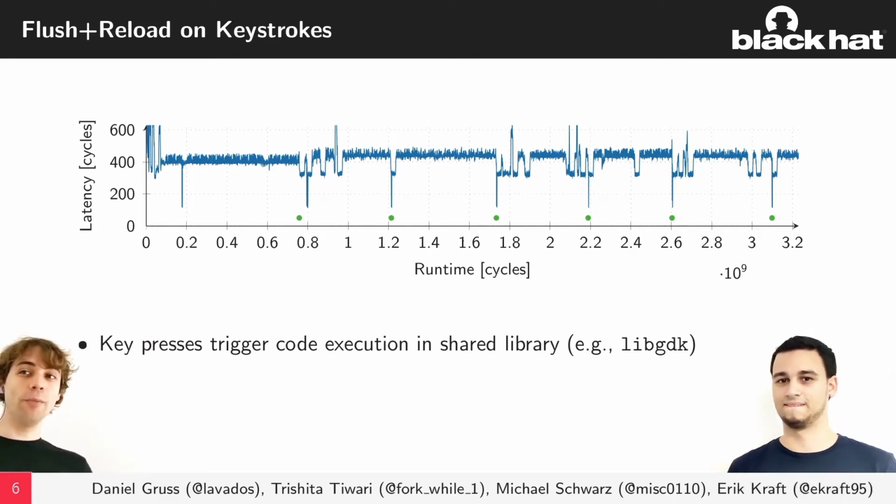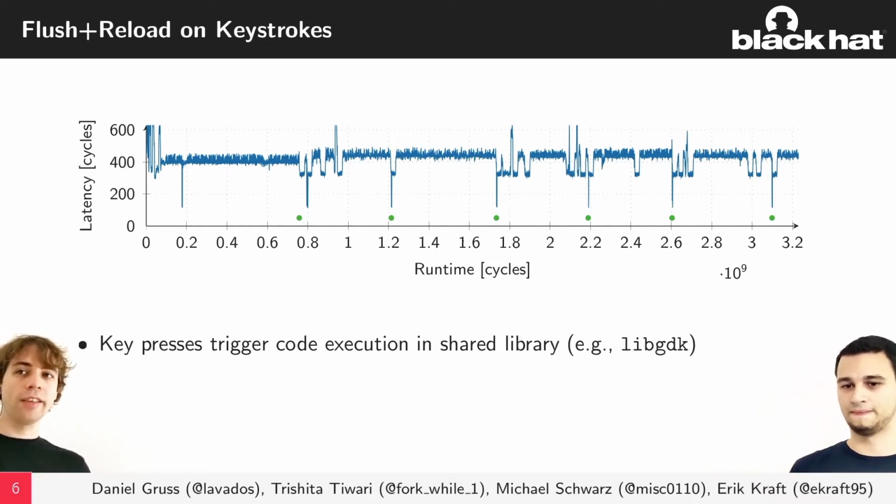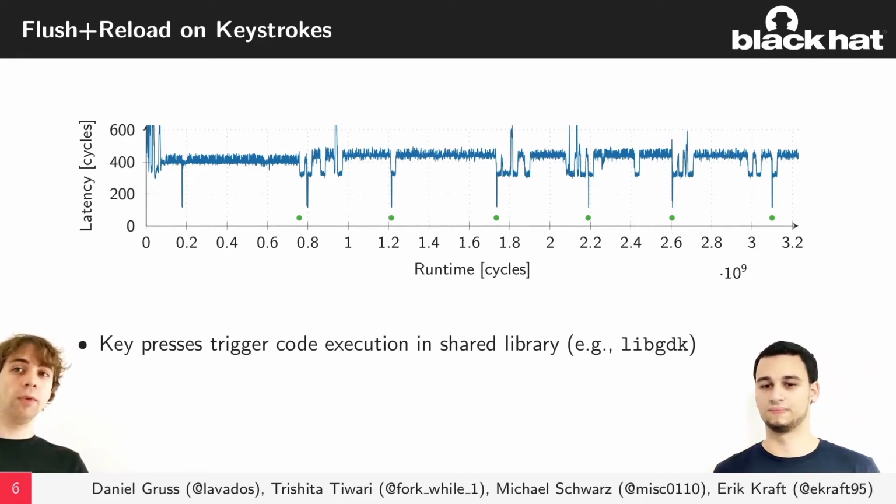So here we perform flush and reload on keystrokes, and we just measured when the library has some activity, and whenever it has some activity, we printed this, and we plotted this in this graph here. You can see clearly the ground truth is illustrated here with the green dots.